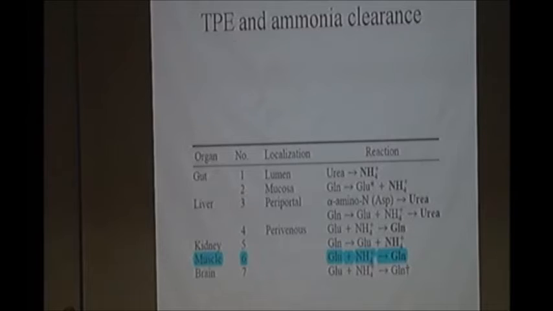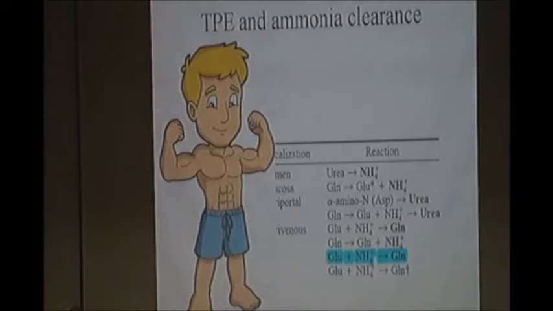And that is probably why a good chunk of our patients do not show a decrease in ammonia, because we are dealing with a lot of children with malnutrition, with sarcopenia, muscle loss, and if they have that kind of muscle loss, they are probably less likely to respond to therapeutic plasma exchange. We need to go back and see our data. I tried to see this, but the data was not clear whether the children with good muscle mass show a better ammonia clearance with therapeutic plasma exchange as compared to those without.